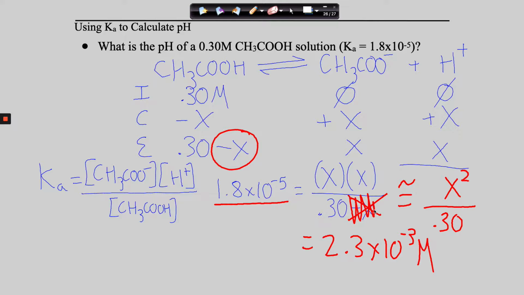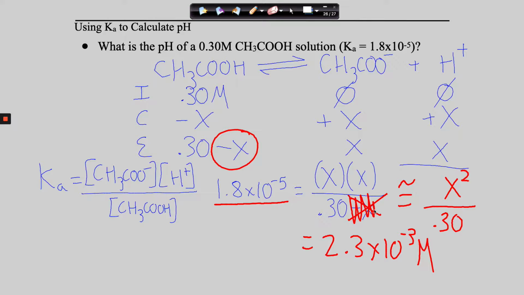Why is it appropriate to get rid of the minus x? Because it's insignificant compared to the initial concentration. How do we know that it's insignificant? Because the Ka value is so stinking small. Ka tells us the strength of the weak acid. And this is even weaker than ant spit.